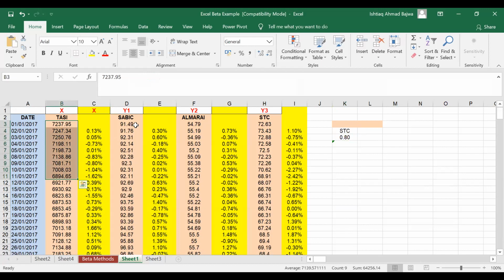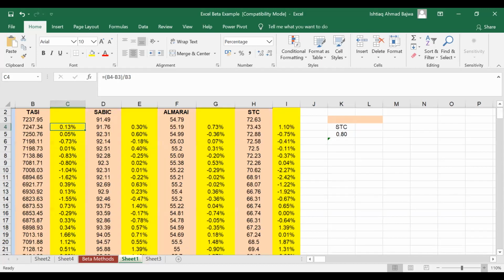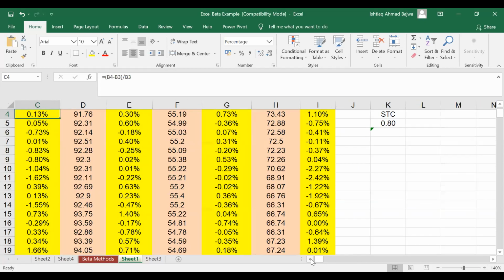Okay, these are the prices. When you look at websites, you always find price. But beta is not calculated with price. This is the Saudi Riyal Al-Marai price, 59, 55, 56. Beta is calculated with the percentage return, HPR, holding period return.